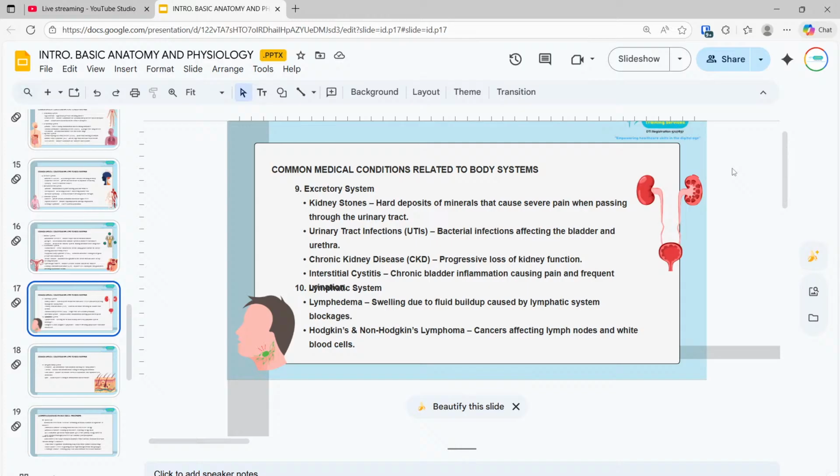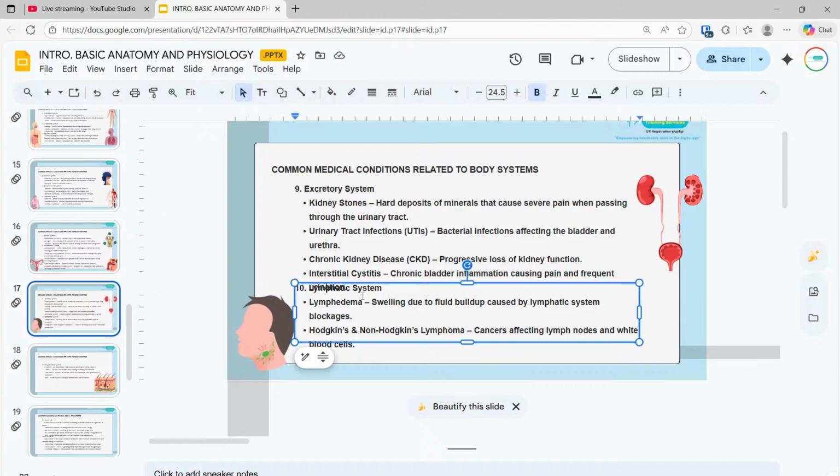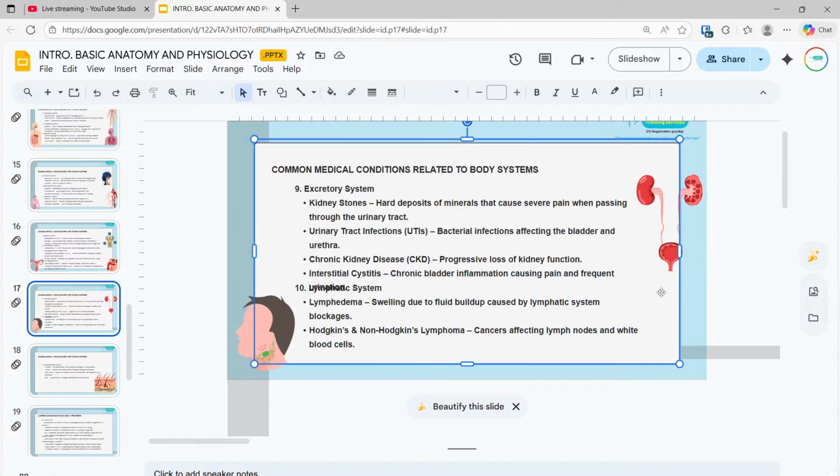Chronic kidney disease or CKD is a progressive loss of kidney function, and then interstitial cystitis is chronic bladder inflammation causing pain and frequent urination.